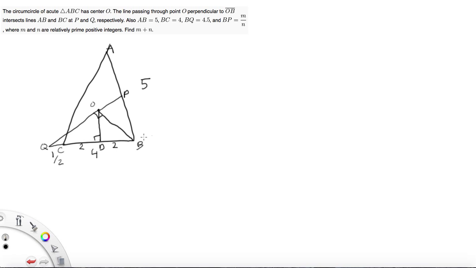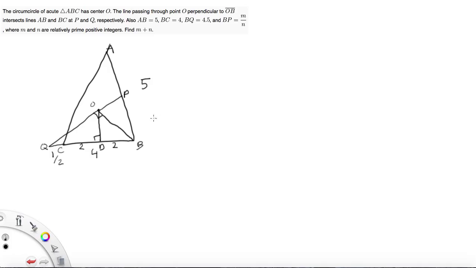From here, we start doing the interesting stuff. We have 2 right angles here, one right here and one right here. This looks like a pretty familiar configuration: we have 2 pairs of similar triangles. I'm going to be working with triangle BDO.